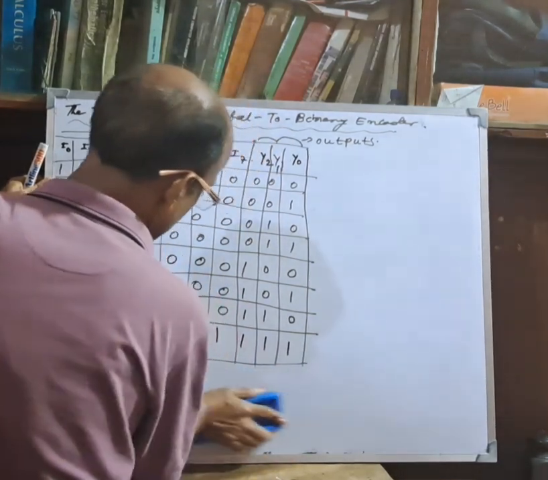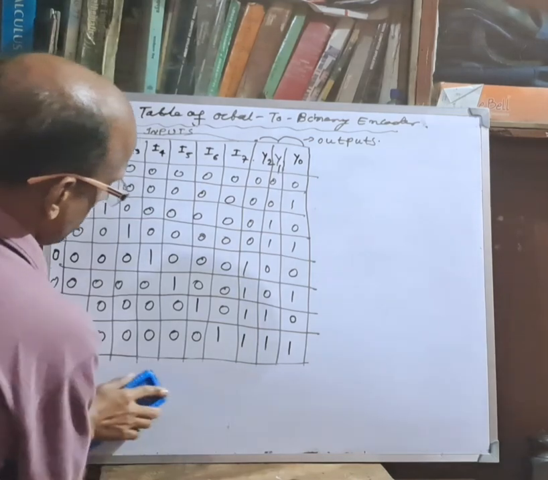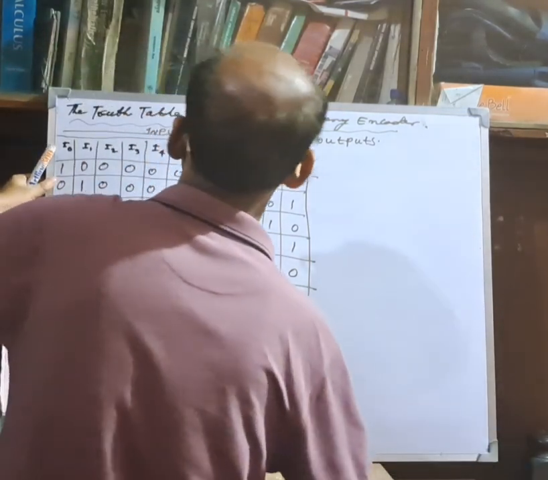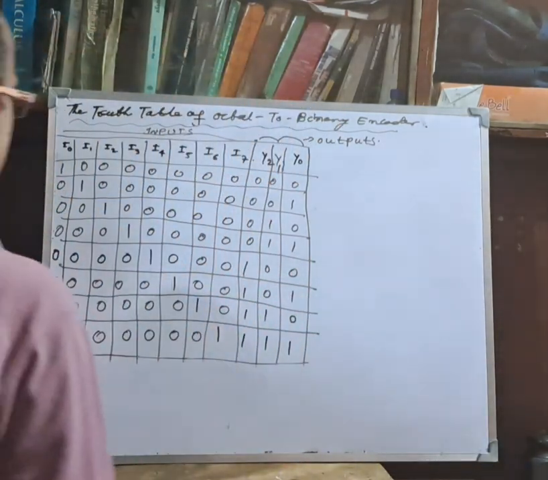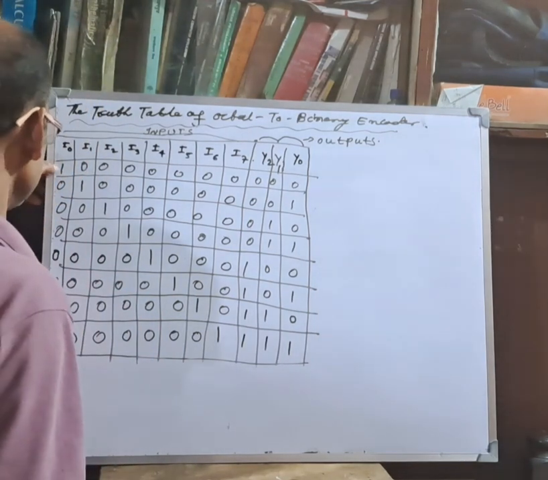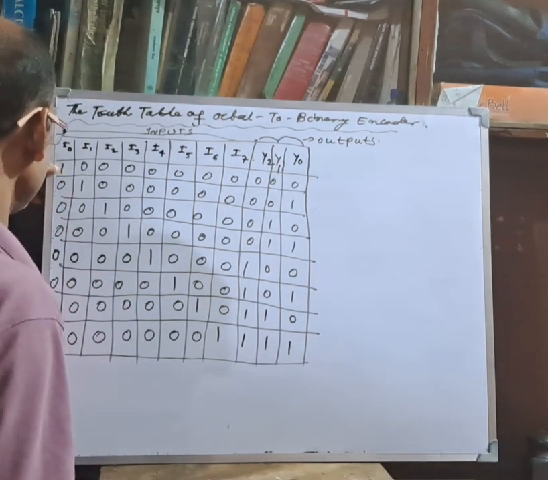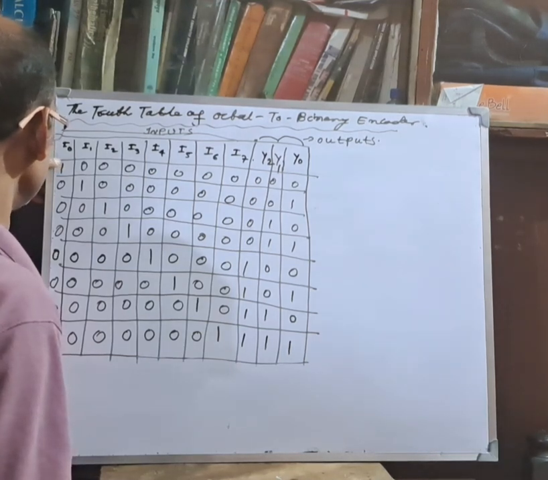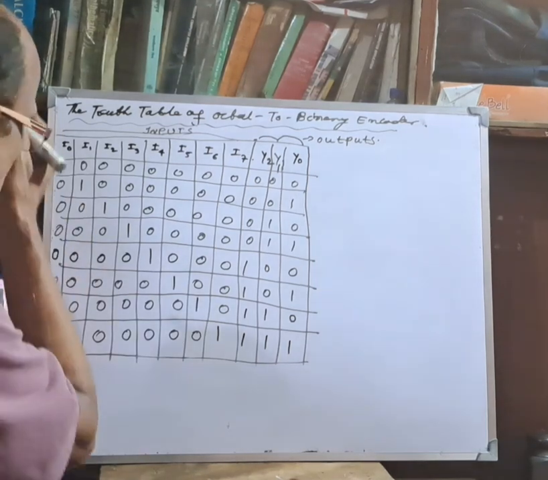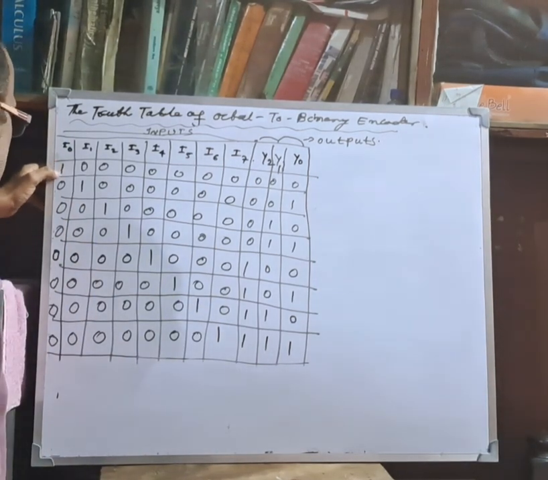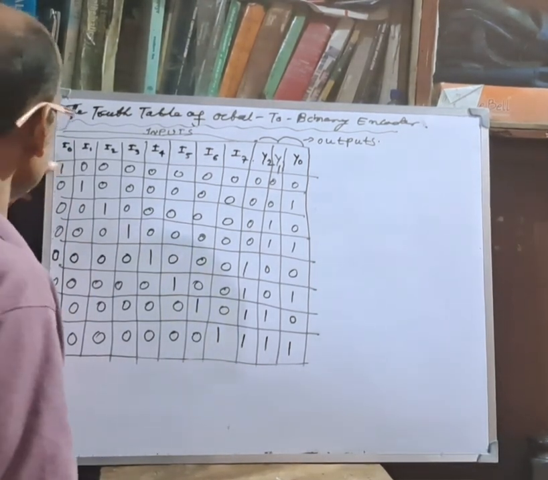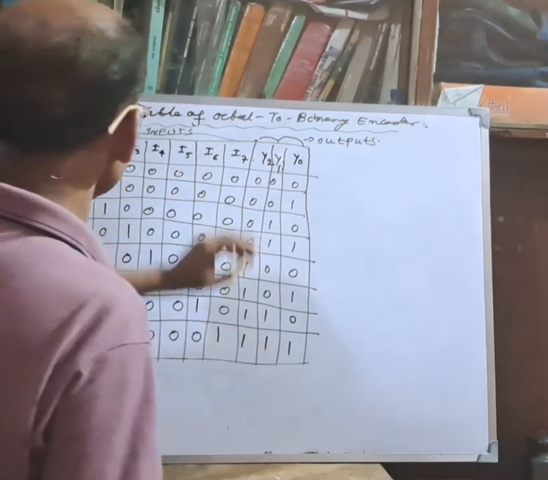You will see here, because here, as I told you, there is only one input value which is high, and rest all are low.